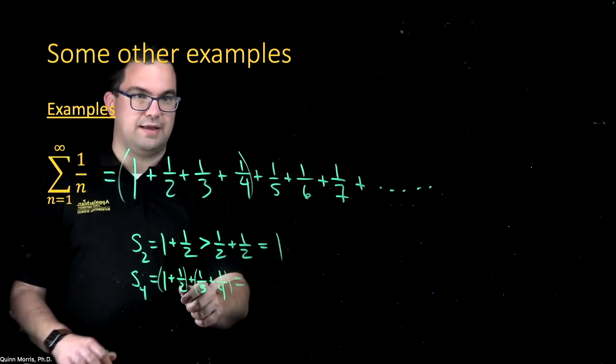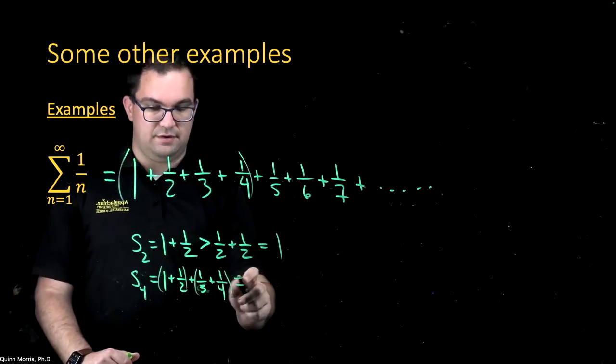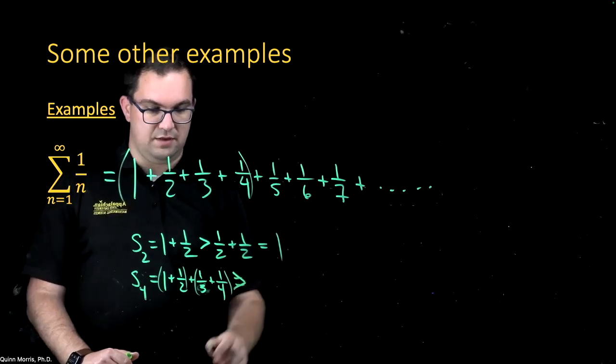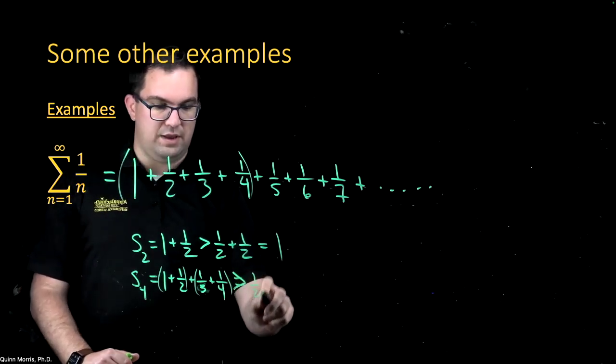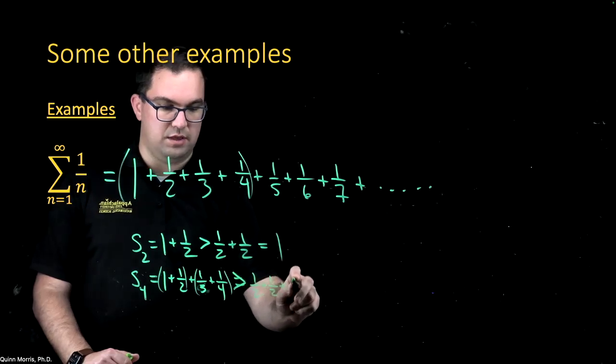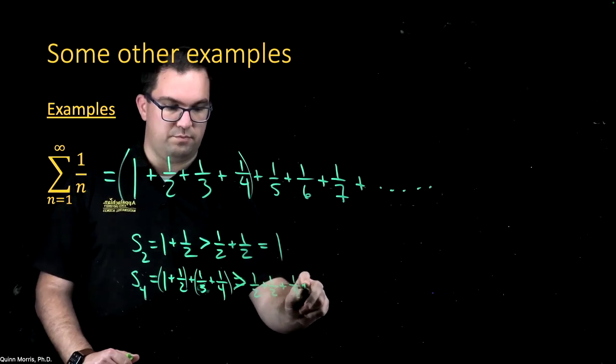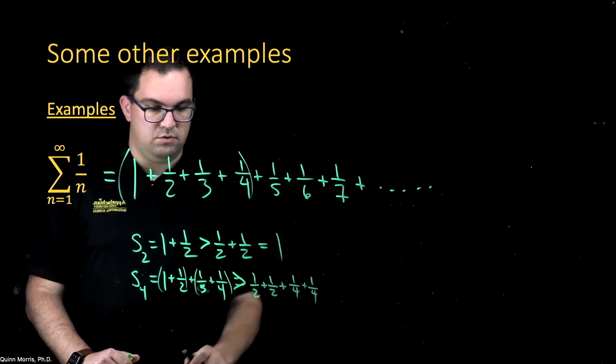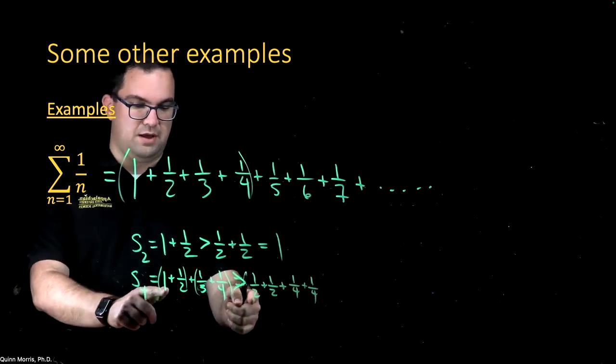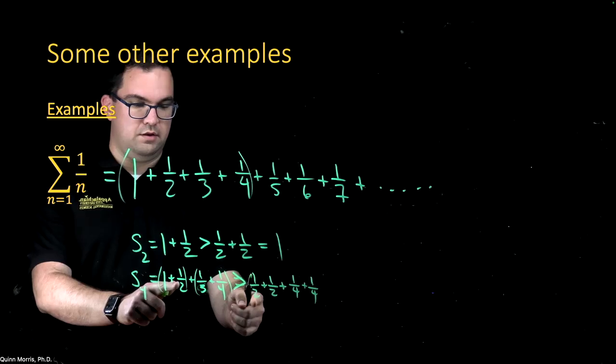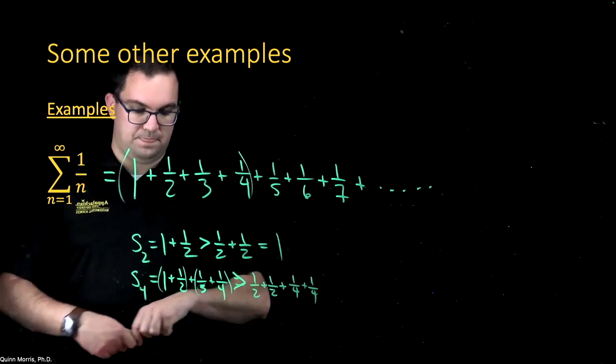And so here, what I can say is that this is greater than 1/2 plus 1/2 plus 1/4 plus 1/4. So here I've swapped out the 1 and the 1/2.